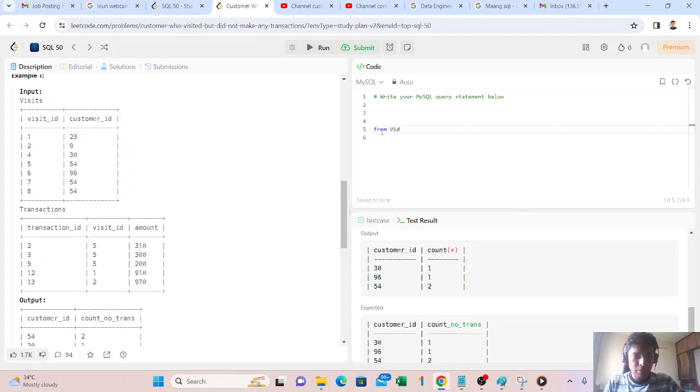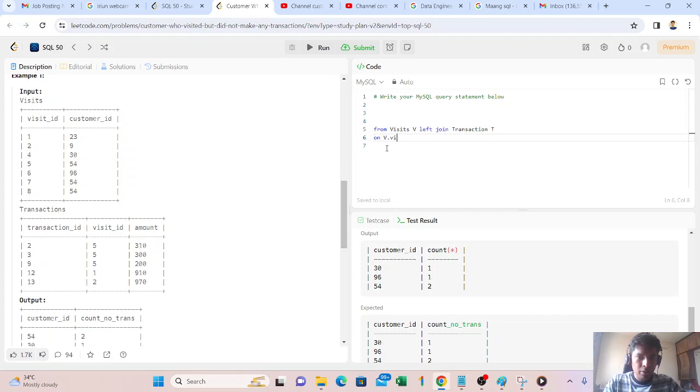So from visits v left join transactions t on, that is simple, because visit ID.